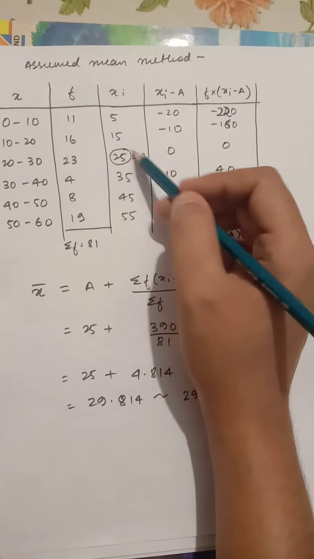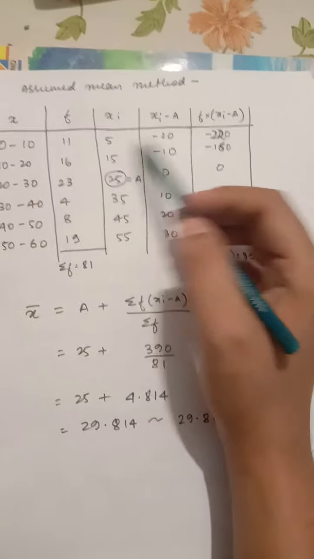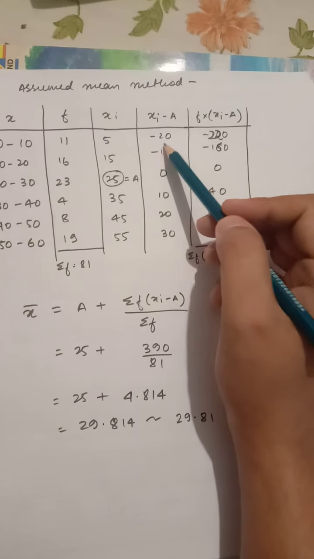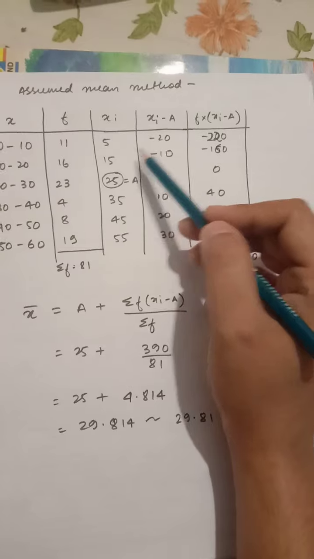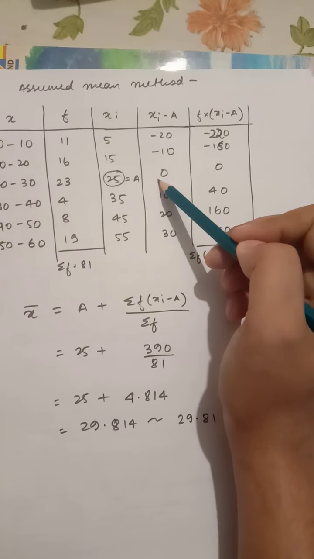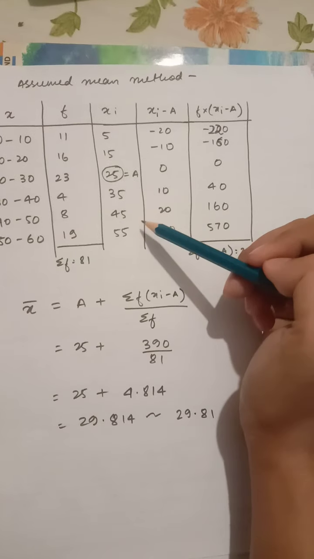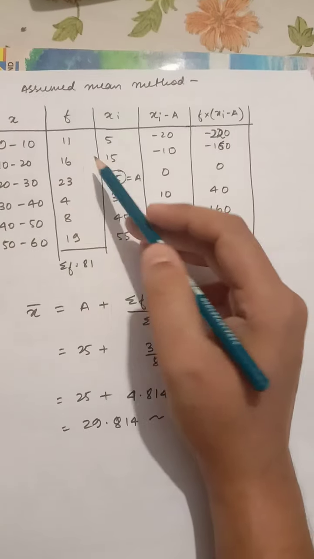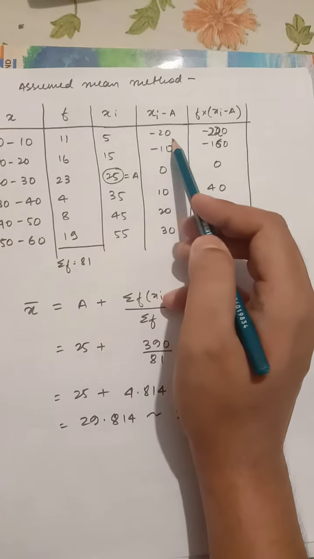I have taken 25, but you could take any number. So we subtract: 5 minus 25 is minus 20, 15 minus 25 is minus 10, 25 minus 25 is 0, 35 minus 25 is 10, and so on. Then we multiply the frequency with this.